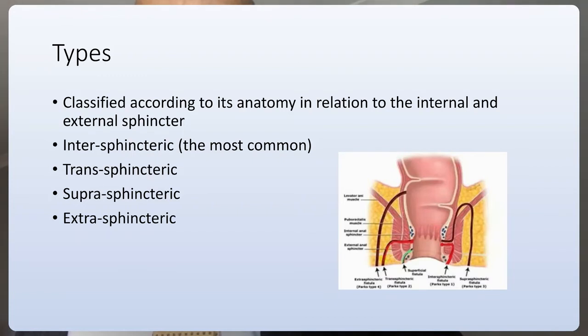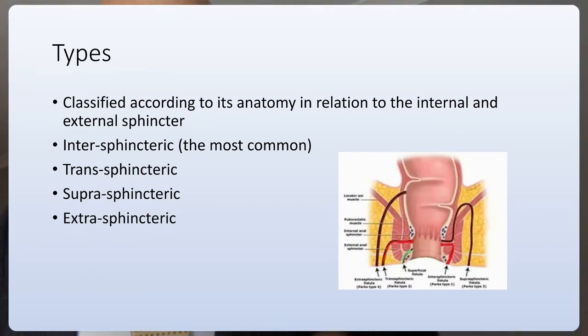The perianal fistula has been divided into four groups, and the four groups that we talk about are really the relationship or the anatomy of the fistula in relationship to the sphincter of the anal canal.